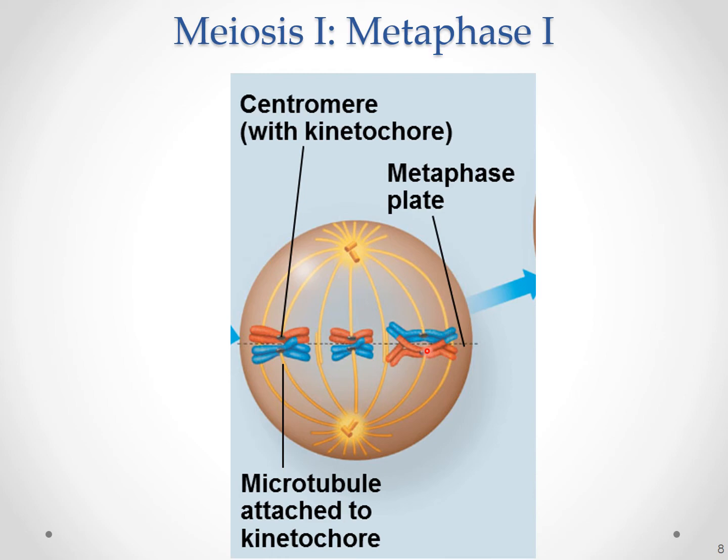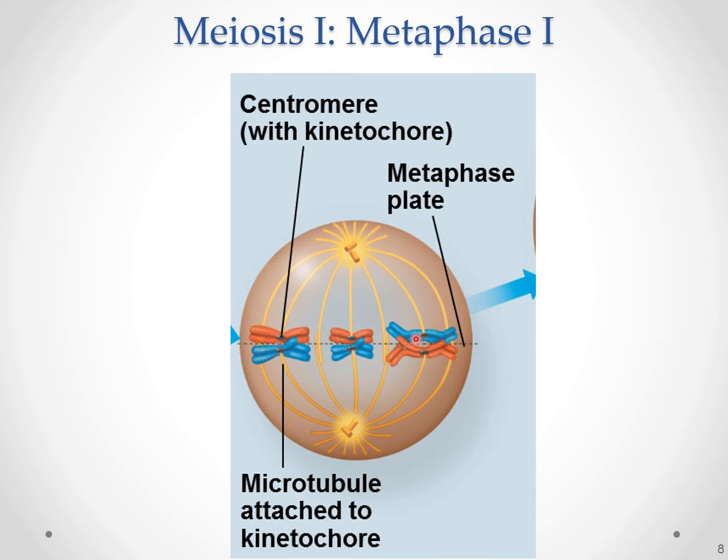So there are 2 ways in which they can line up at the equator. And remember, there are multiple homologous chromosomes that are going to be lined up at the equator. So this cell only shows 3, but human cells are going to show 23 pairs of chromosomes that are going to line up at the equator.